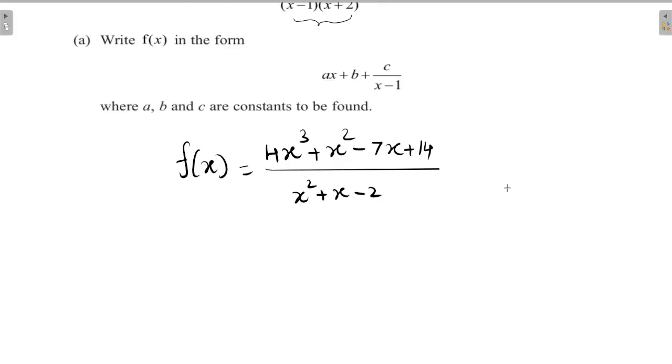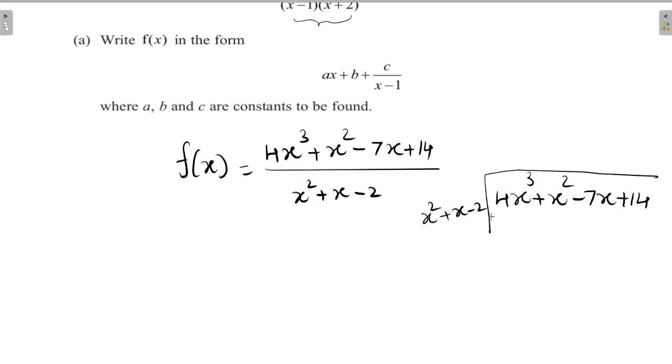Here the division is 4x cube plus x square minus 7x plus 14, which is divided by x square plus x minus 2. The first term 4x cube we have to divide by x square. So this x square will be cancelled.